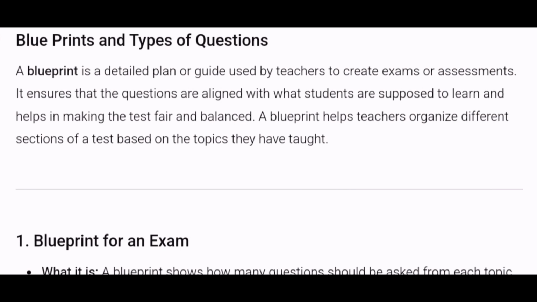A blueprint helps teachers organize different sections of a test based on the topics they have taught. So, a blueprint will help you and me to organize different sections of a test, all right? Different sections of a test based on the topics we have covered in the class.